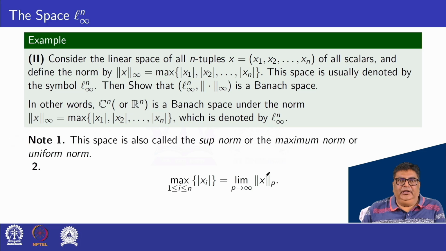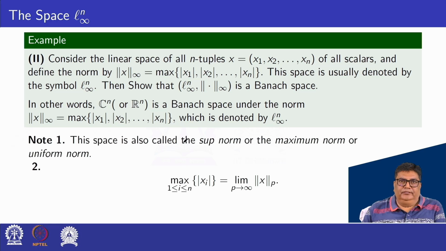In the above example, if p tends to infinity of norm xp, then this is max of mod xi where i lies between 1 to n. This space is also called the sup norm or the maximum norm or uniform norm.